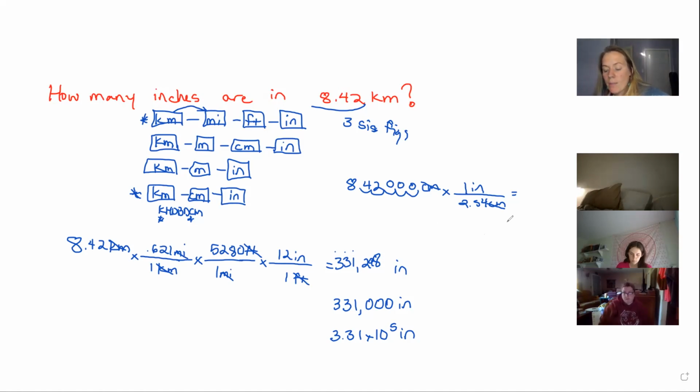The number that it pops out is slightly different. 3, 3, 1, 4, 9, 6 centimeters. But still we're going to keep 1, 2, 3 significant figures, which would round it to 3, 3, 1.